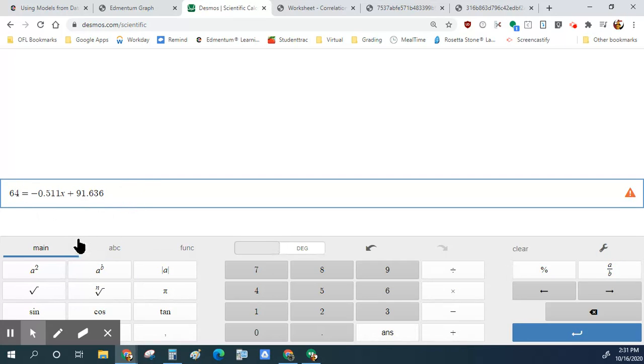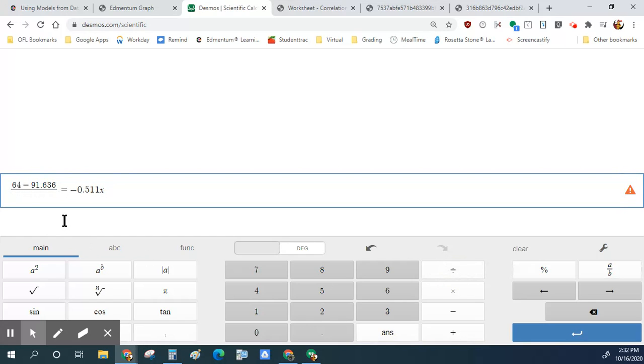So I'm actually going to solve this on Desmos to make this easier. I'm going to subtract 91.636 from both sides. By subtract, I mean eliminate that. And I have to divide. So I'm going to highlight all this, hit the division symbol, by negative 0.511. That's going to get our x by itself.